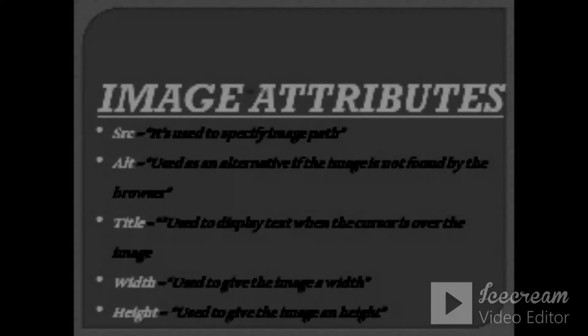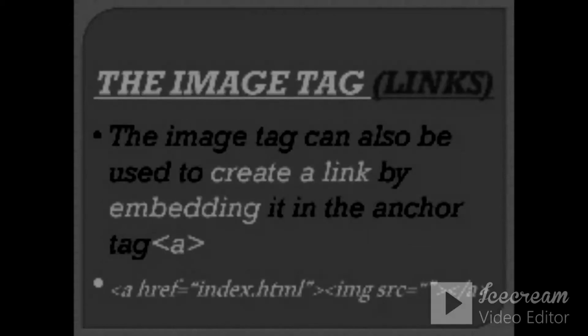And lastly, we have the width and the height, which is just used to give your image a size, to be able to resize your image. So that's what the width and height attribute is used for. And also we said you could use the image tag as a link.